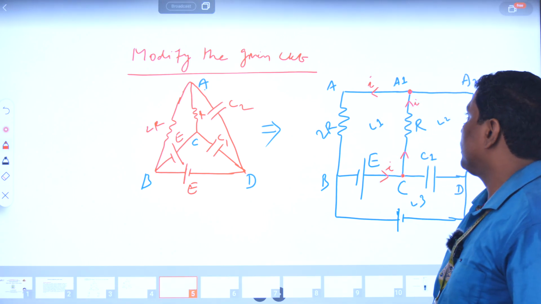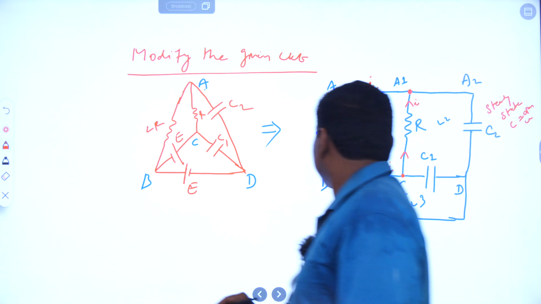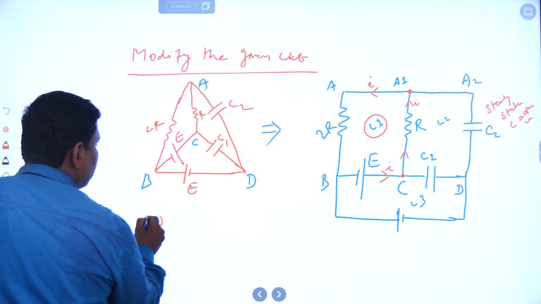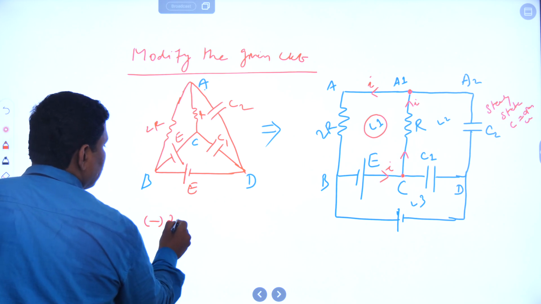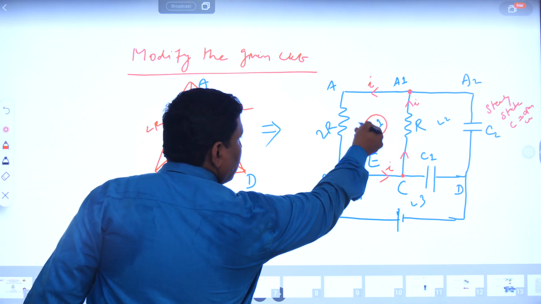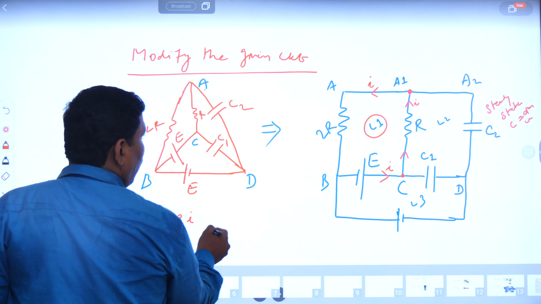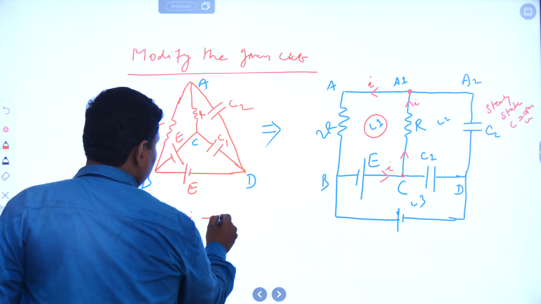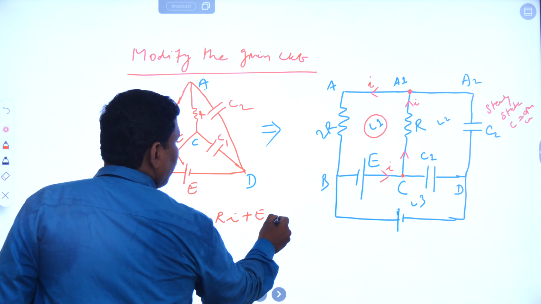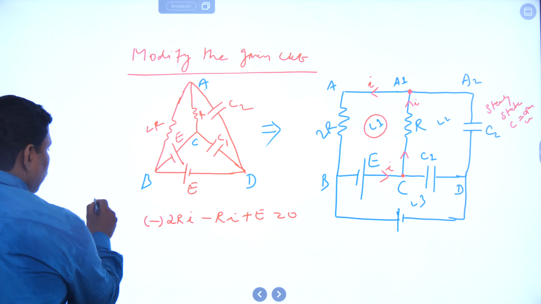This is I. For loop 1, I apply the KVL law: minus 2Ri, based on the direction of the battery current flow, minus R into I, plus E equal to 0.